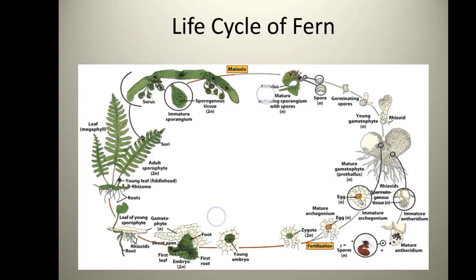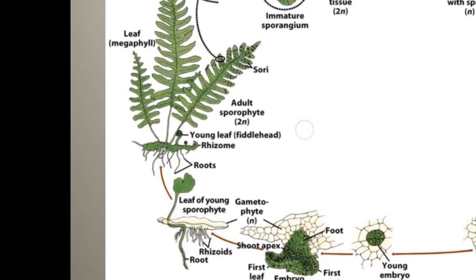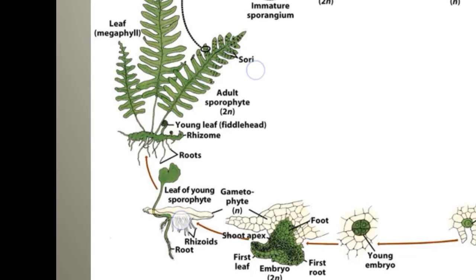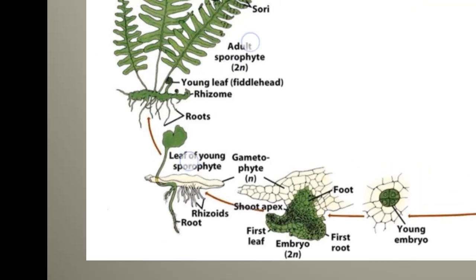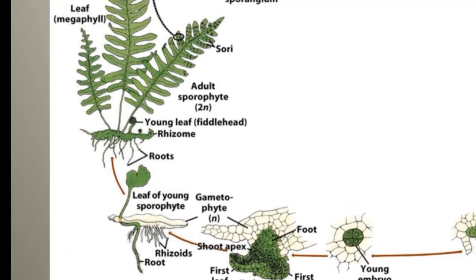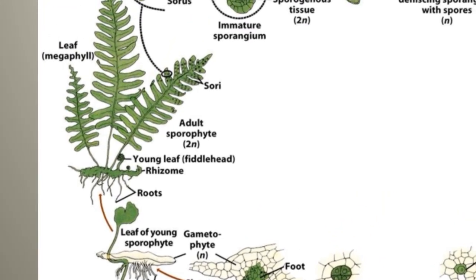Here in the case of the life cycle you can observe that the plant body is not thallus-like as in bryophytes. Here it is a tracheophyte, and the plant is divided into root, shoot and leaf. The roots are adventitious and the stem is rhizome-like.